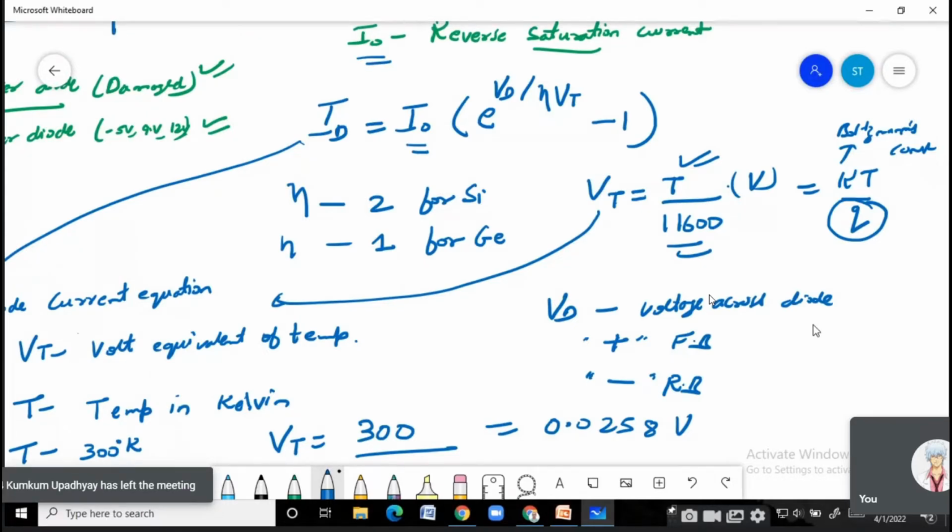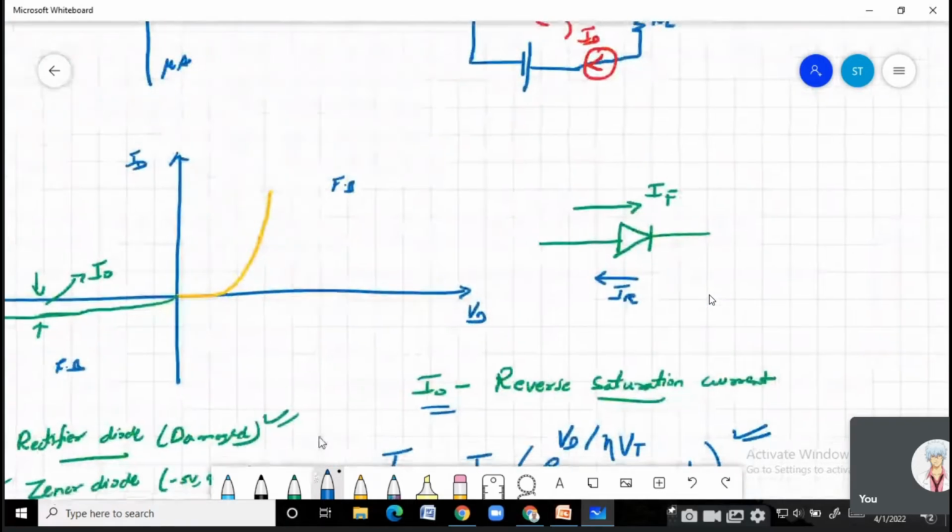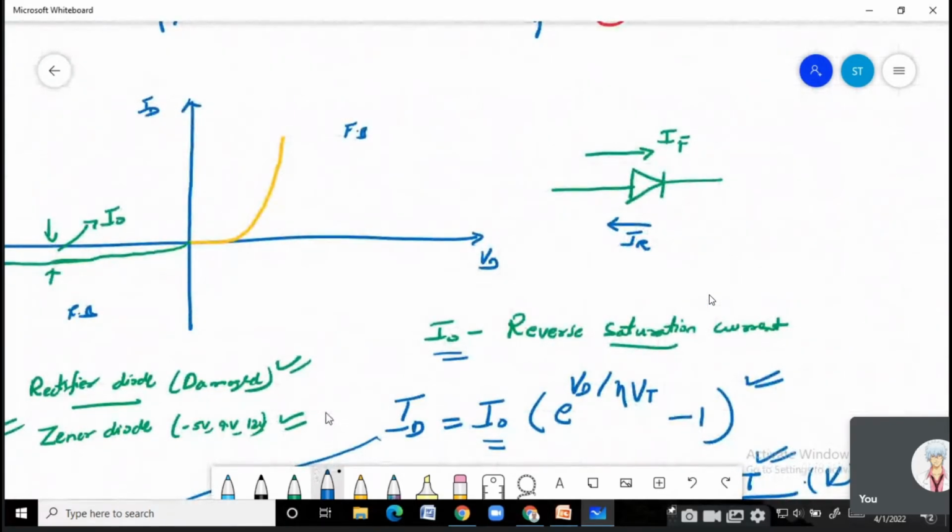So this diode equation will represent your characteristic. It's an exponential characteristic, as you can see here. If you substitute all these values of VD and find ID, then you will get nearly this kind of an exponential plot.